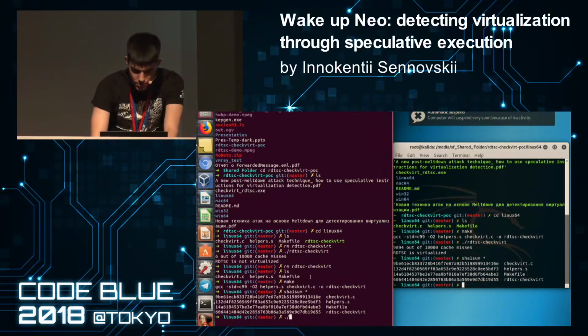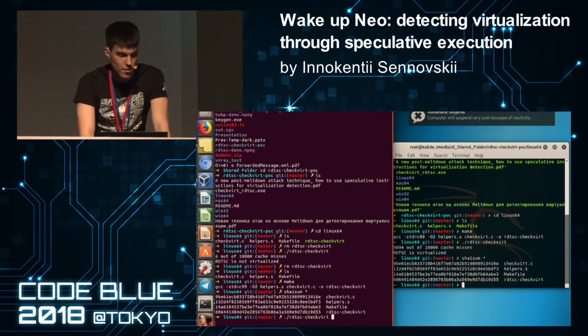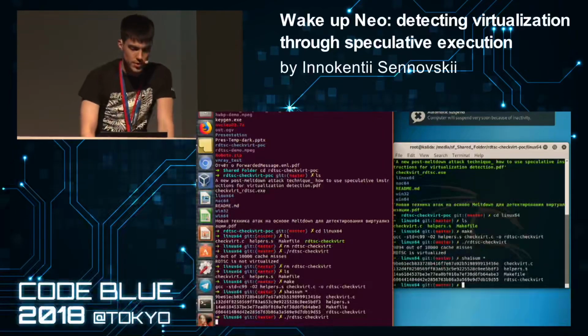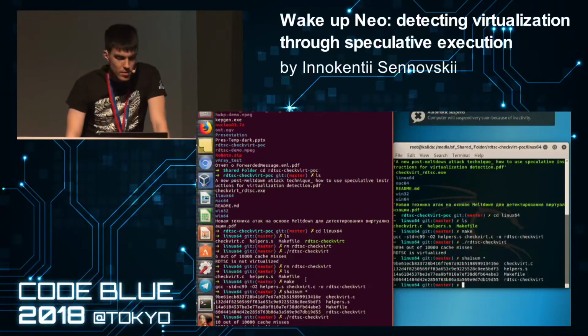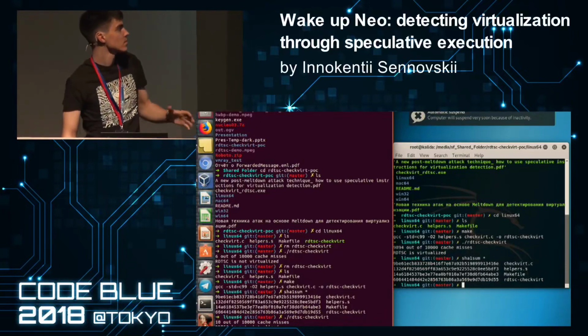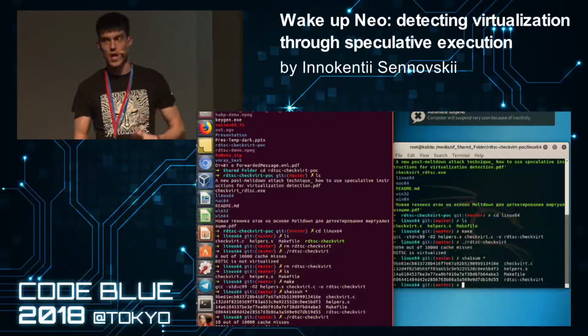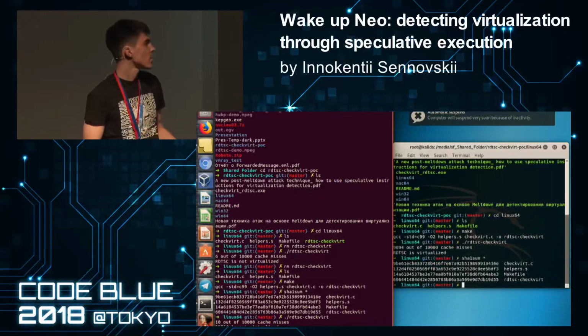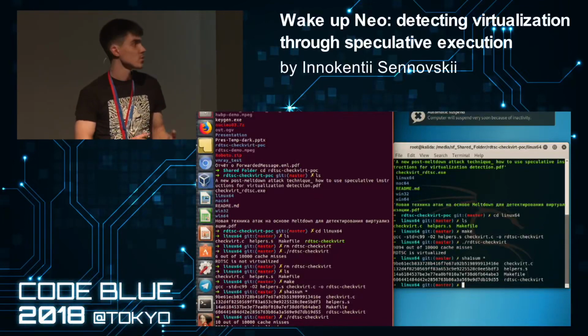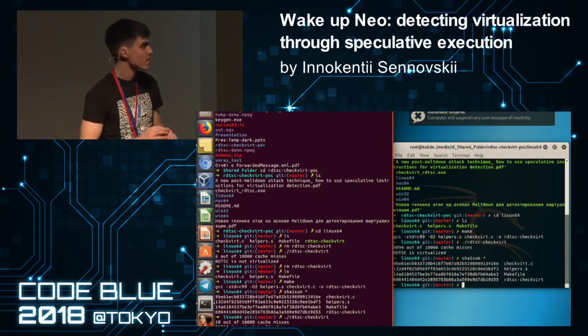Now let's try to execute the virtualization check in a non-virtualized environment. As we can see, only 10 out of 10,000 tries actually missed the cache area, which was predetermined. So we see that RDTSC is not virtualized, it is executed speculatively, there is no problem.